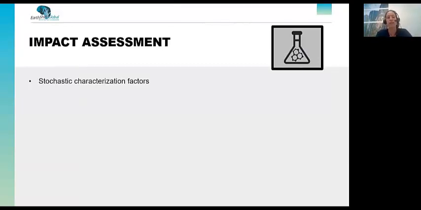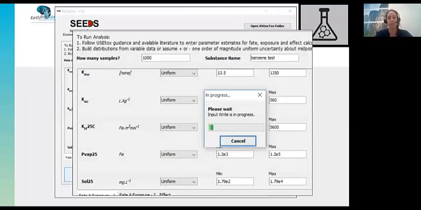And here you see, for each one of these, so this is the coefficient of partitioning, you can assume a uniform distribution. So this is a range, a minimum and a max, or if you have more information about it, of a chemical that doesn't have a characterization factor yet, you can apply other distributions.